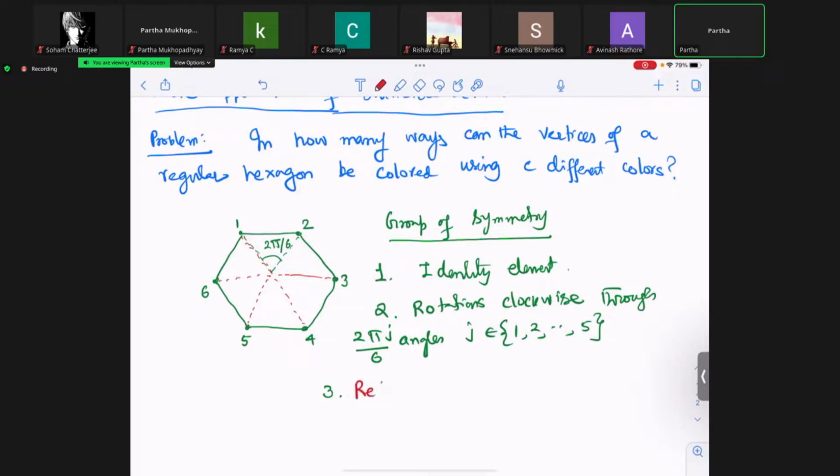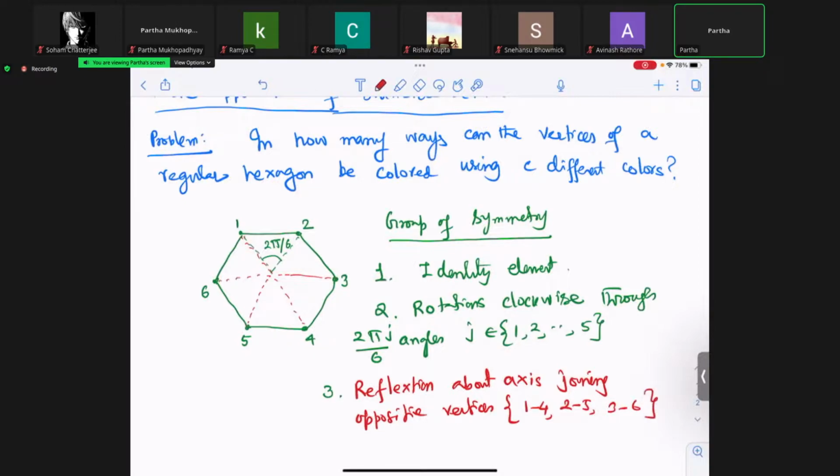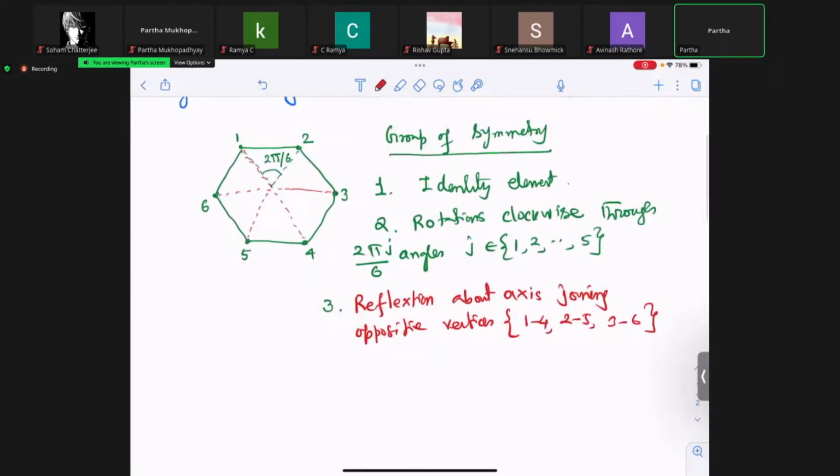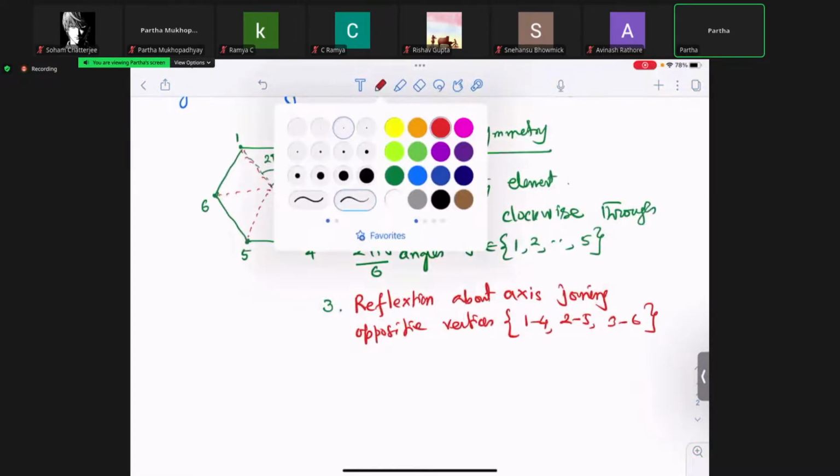So reflection about an axis joining opposite vertices, that is 1-4, 2-5, 3-6. This is one set of symmetry.